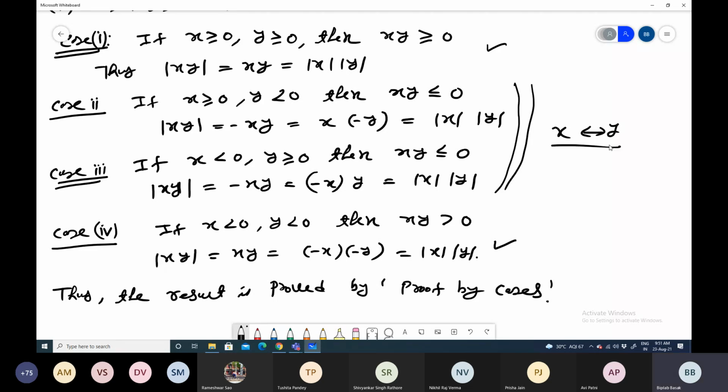So therefore, we can merge case 2 and case 3. We can use a term called without loss of generality. We can say that without loss of generality, we can assume that x bigger equal to 0 and y less than 0. Then we don't need to do the third case, because that is similar to the second case.